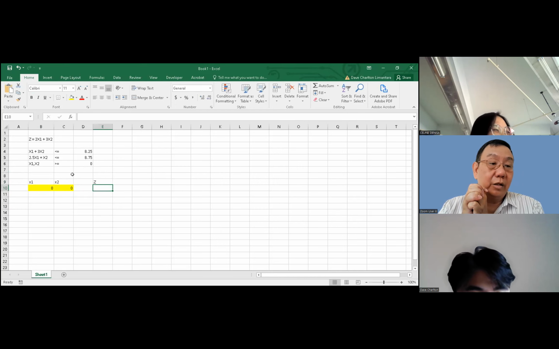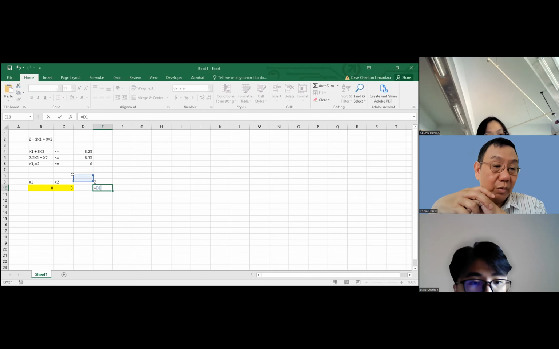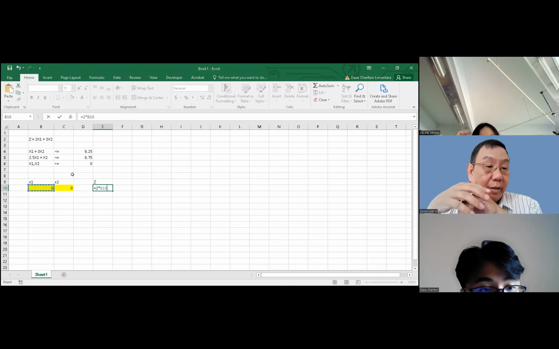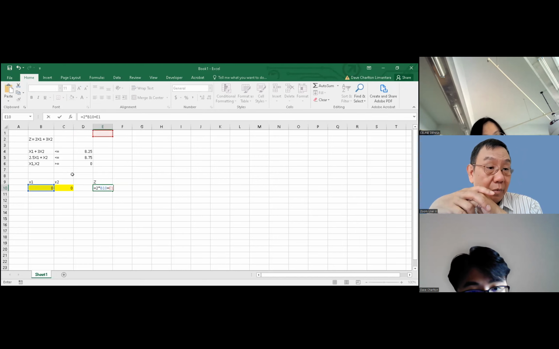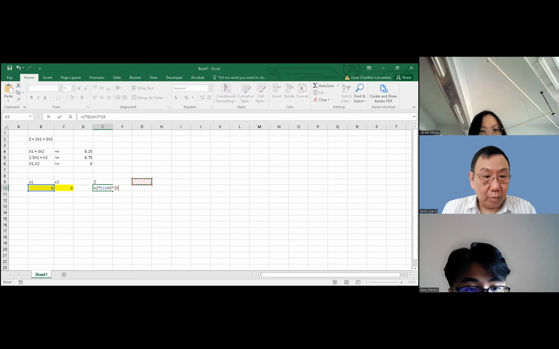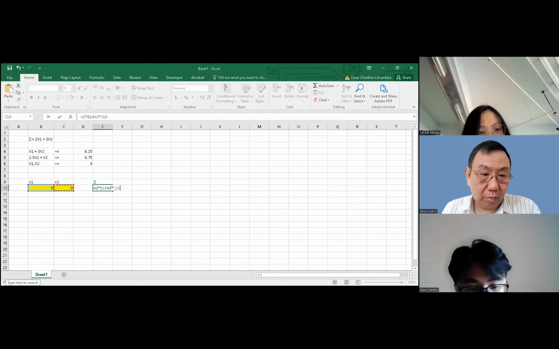E10 is equal to 2 multiplied by x1, and then plus 3 multiplied by x2. Did you name them a while ago? Why did it not enter? Anyway, my enter key is broken.